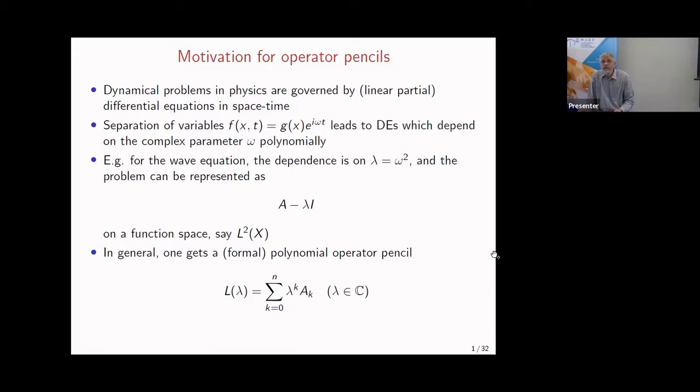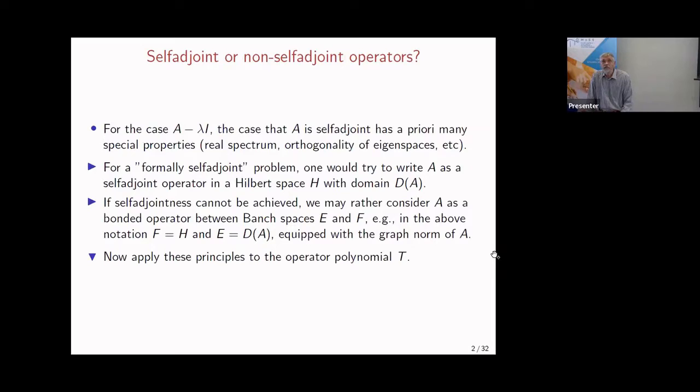In the case of self-adjoint operators, this A minus lambda identity is very special. It has very special a priori properties of the spectrum. One knows that the spectrum is real. One has orthogonality of the eigenspaces and so on.